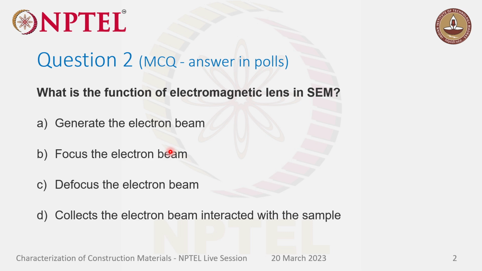Let me start the timer for a minute now. If you know the schematic diagram of SEM, it should be easy for you. And it is discussed in the first few slides of the lecture on SEM.